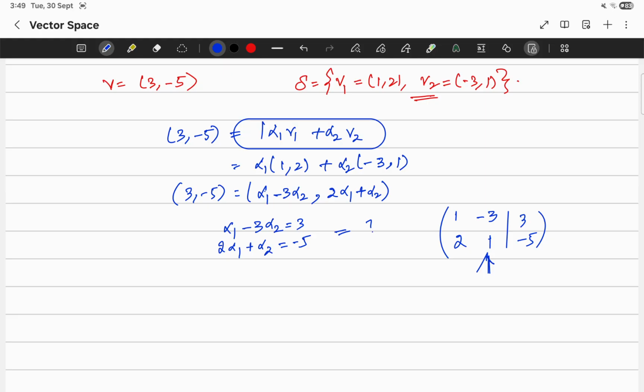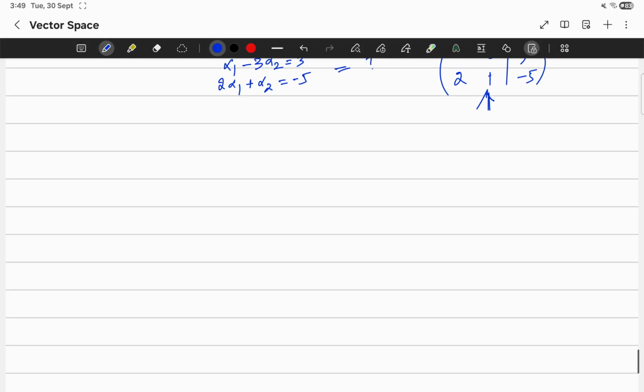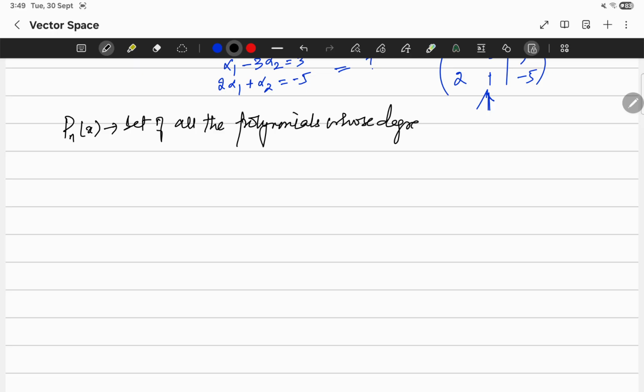Similarly, there are many questions in this way. I want to note that, as we have discussed, Pn over T or Pn over x is the set of all the polynomials whose degree is less than or equal to n. So similarly, P3 of x is the set of all the polynomials whose degree is less than or equal to 3.